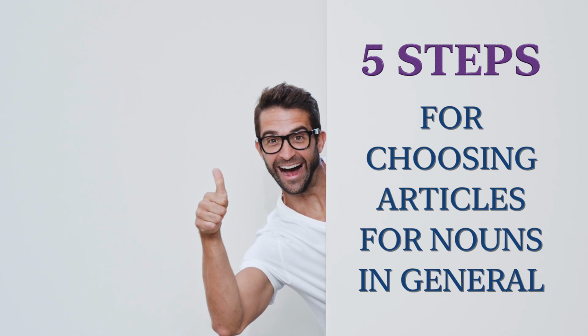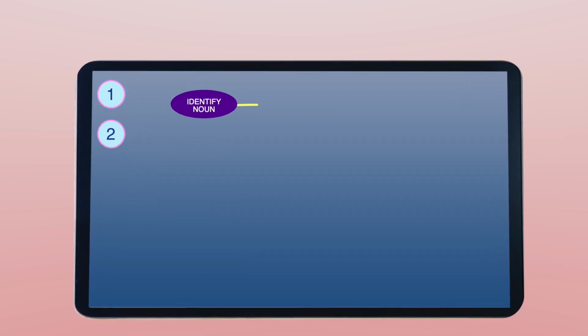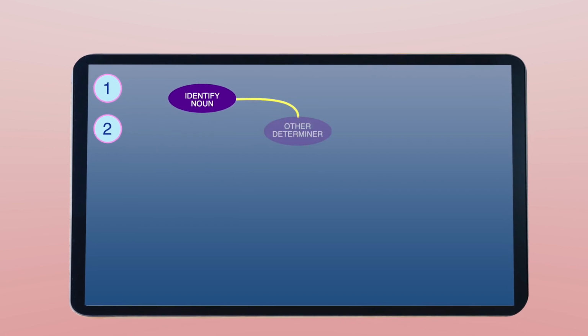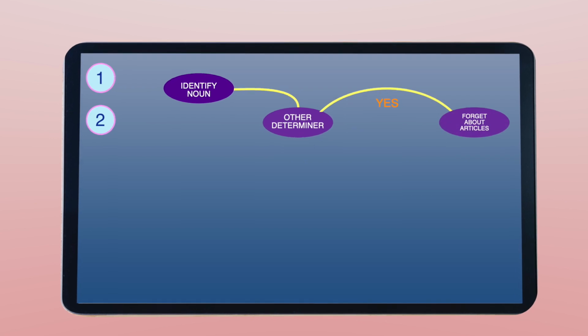Let's review our 5 easy steps. The first step is to identify your noun. Then in step 2, you need to check if it already has another type of determiner in front, in which case you can forget about articles altogether.